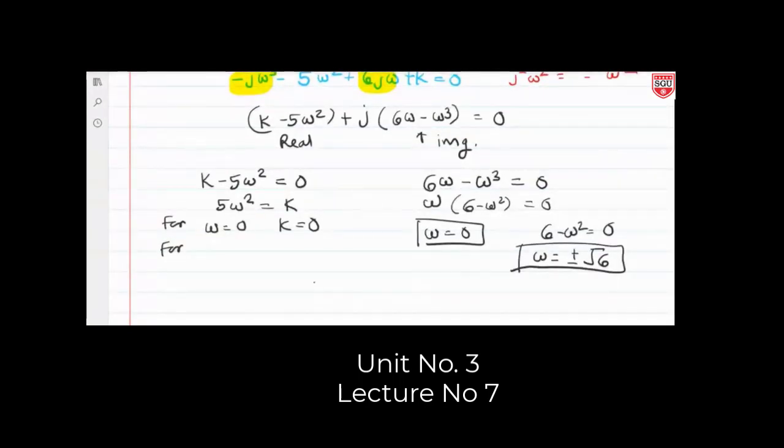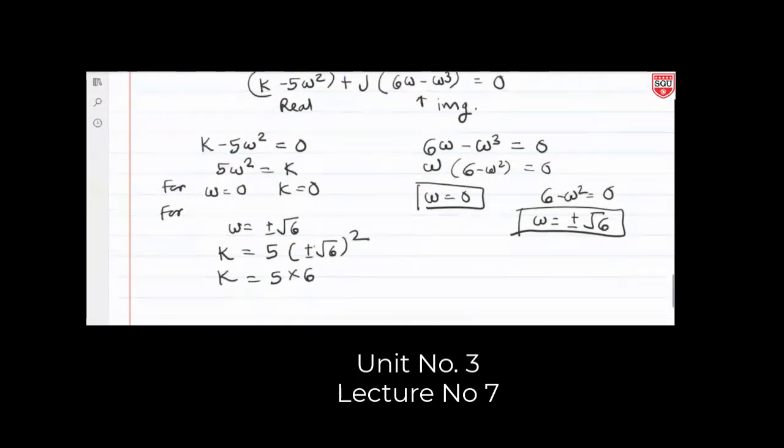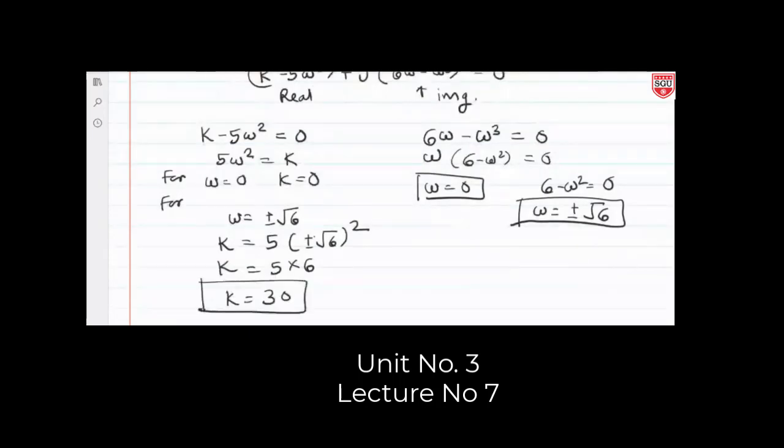Similarly, what will be the value of k if omega is plus minus root 6? Just calculate. By putting it in this equation, we get k is equal to 5 into (plus minus root 6) square, which is equal to 5 multiplied by 6. So k will be equal to 30. These values we have to find out.